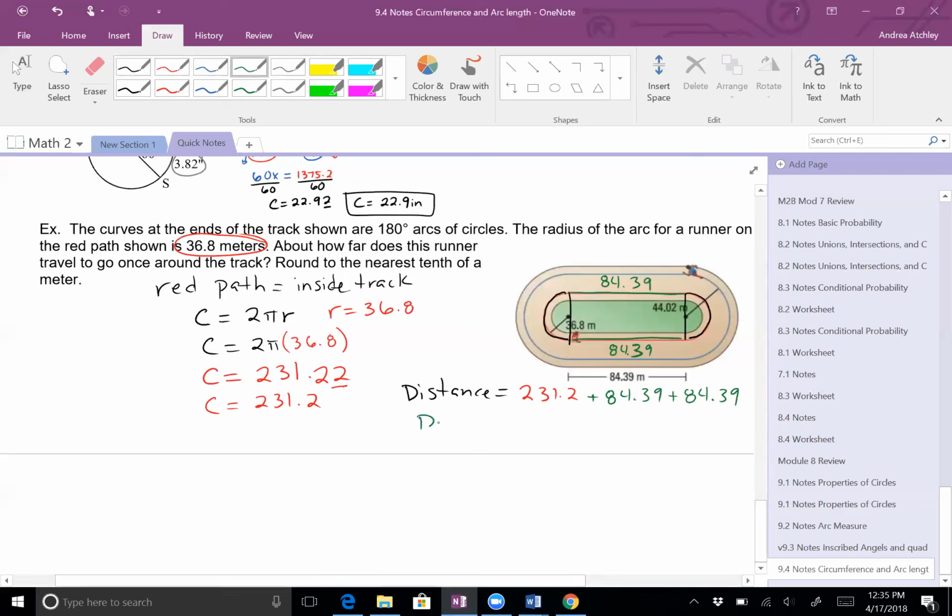And so the distance equals 400.00, and that would be meters, which makes sense. What's one time around the track? 400.